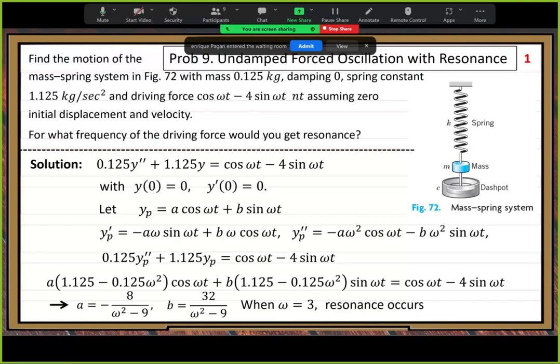Because your displacement cannot be that wild, right? So here you can see from the formula the problem occurs when omega is close to 3. Not necessarily exactly 3. It can already break the system.